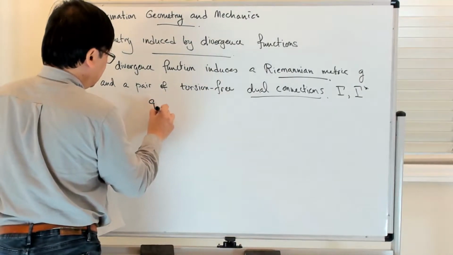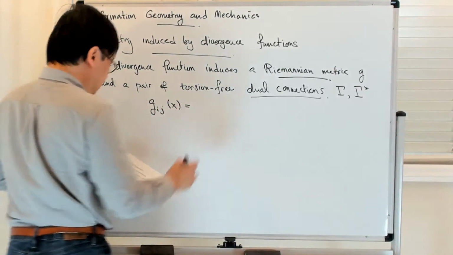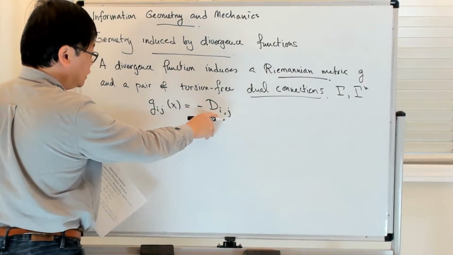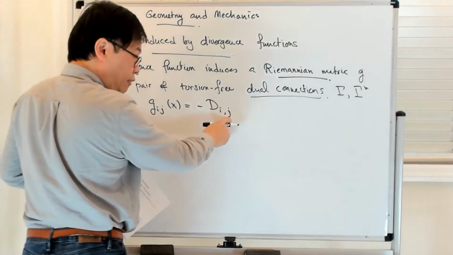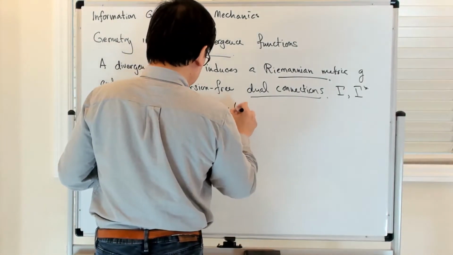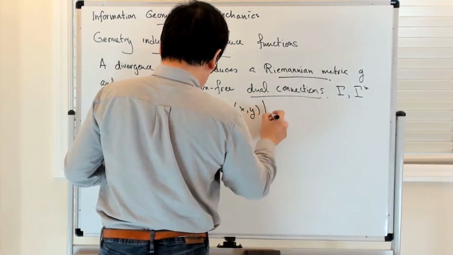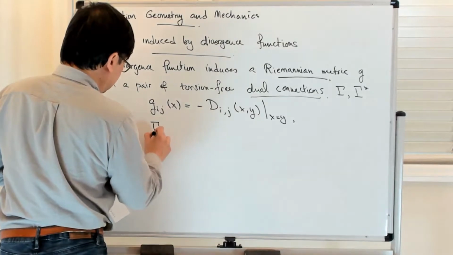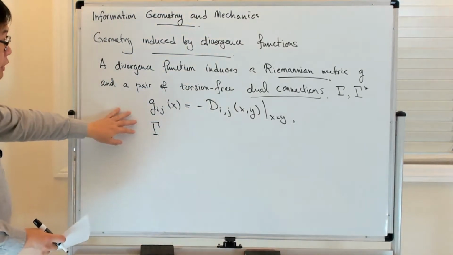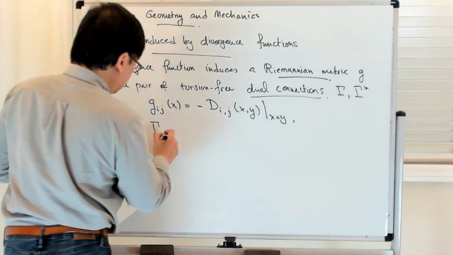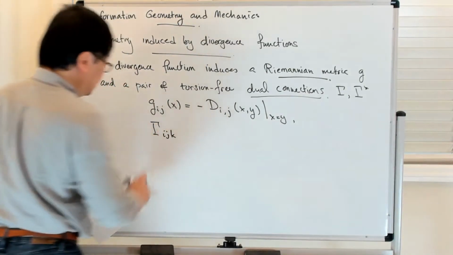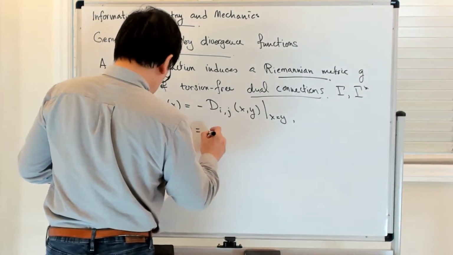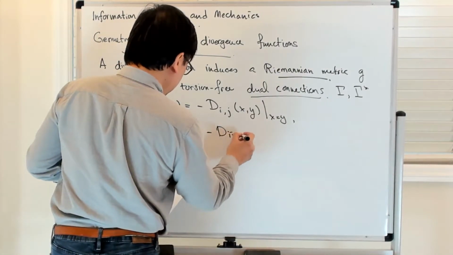And g_ij of x is going to be minus the divergence function differentiated with the ith component of the first term and the jth component of the second term, evaluated along the diagonal. Okay, and then the connection coefficients for one of them, which has a triple of indices i, j, and k, is going to be minus D_{ij,k}.